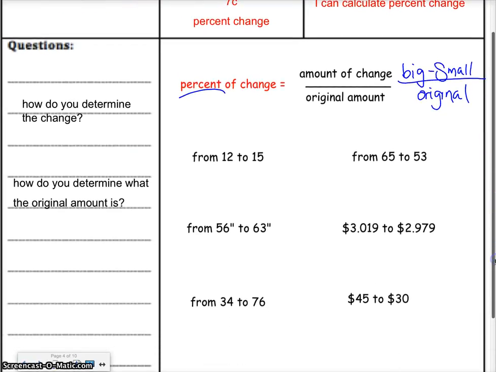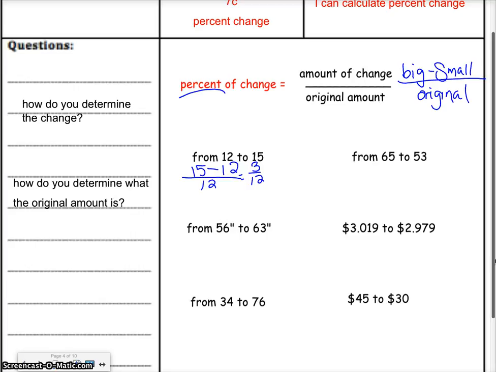Okay, so let's say that I went from 12 to 15, and I want to know what percent of change that is. So I would do my big number, 15, minus my small number, 12, divided by where I started. Where did I start? 12, right? From 12, that means I started at 12, which is 3 over 12.